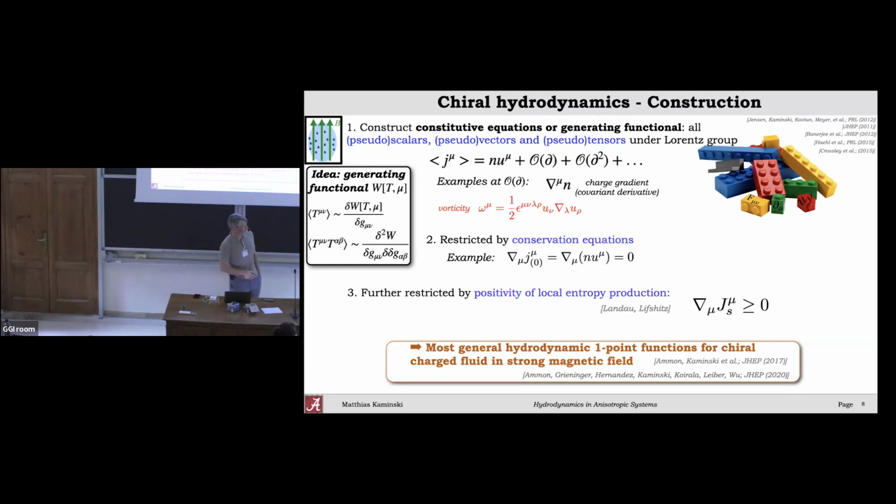That's what we constructed in this paper. With these 1-point functions, you can take variations with respect to the sources and thereby create 2-point functions. Those 2-point functions will then give you Kubo relations.